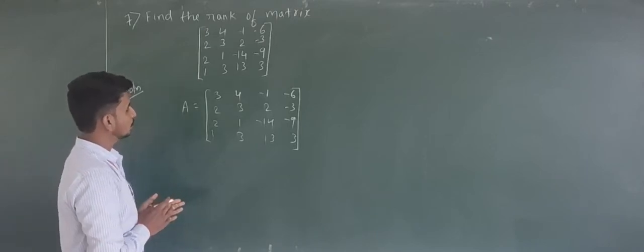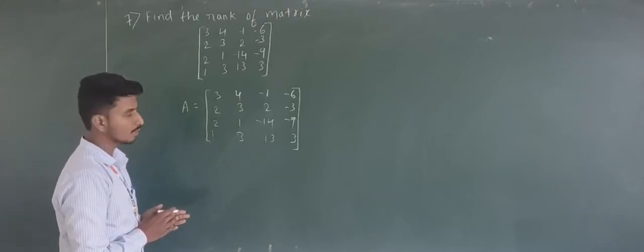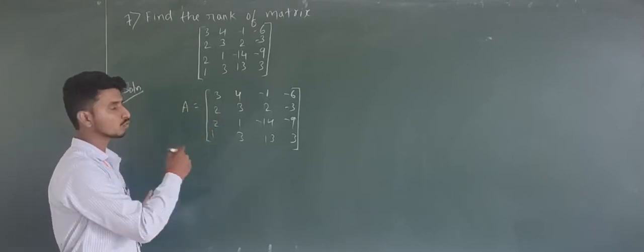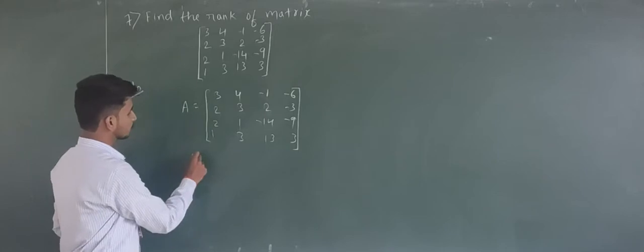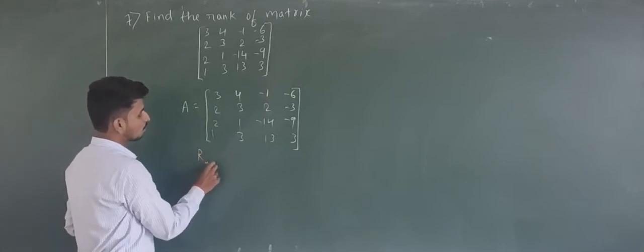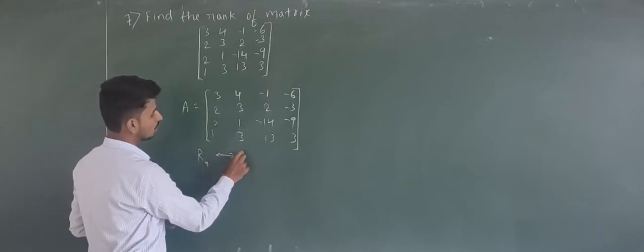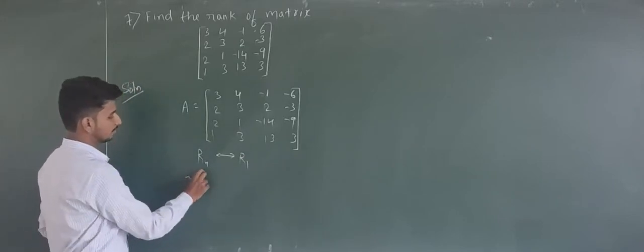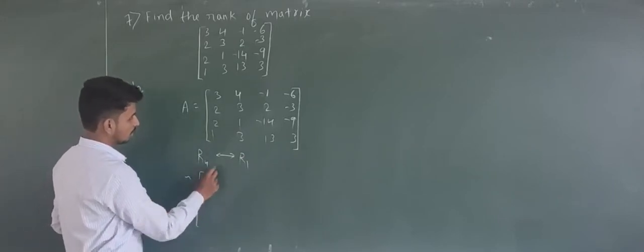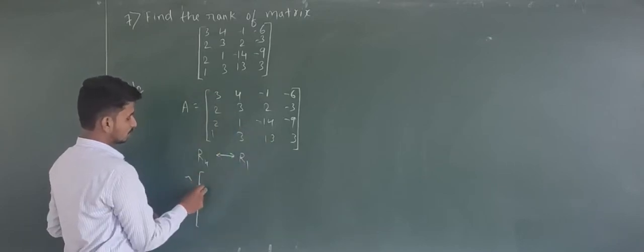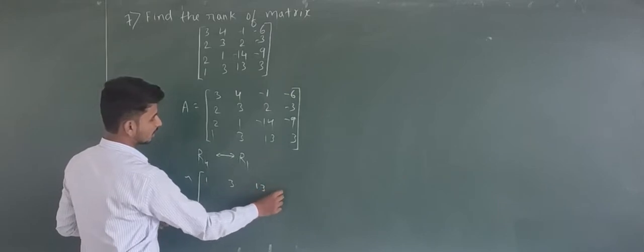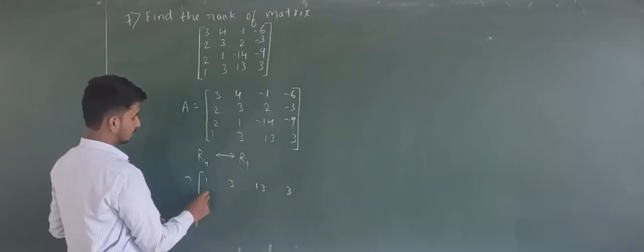First, we want the leading element to be 1. So we will interchange the fourth row and the first row, that is R4 changes to R1. The fourth row becomes the first row, that is 1, 3, 13, 3.